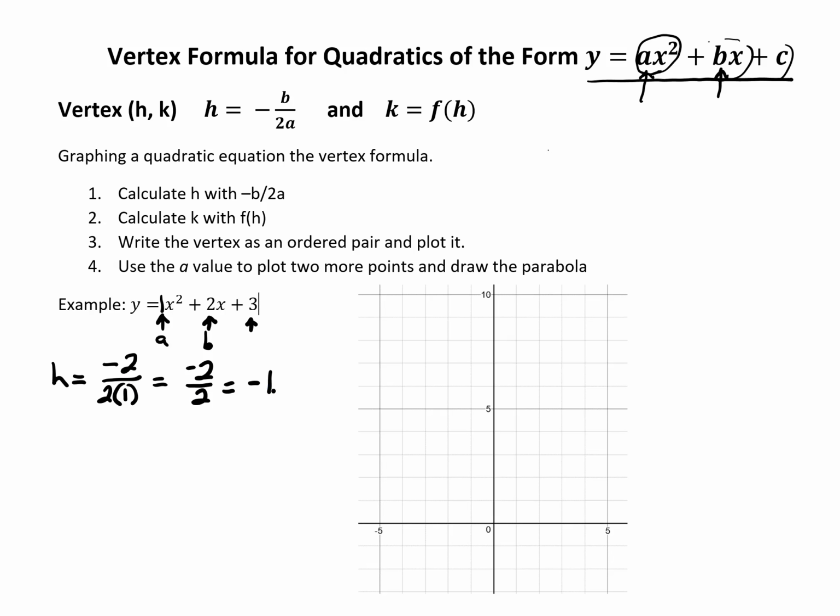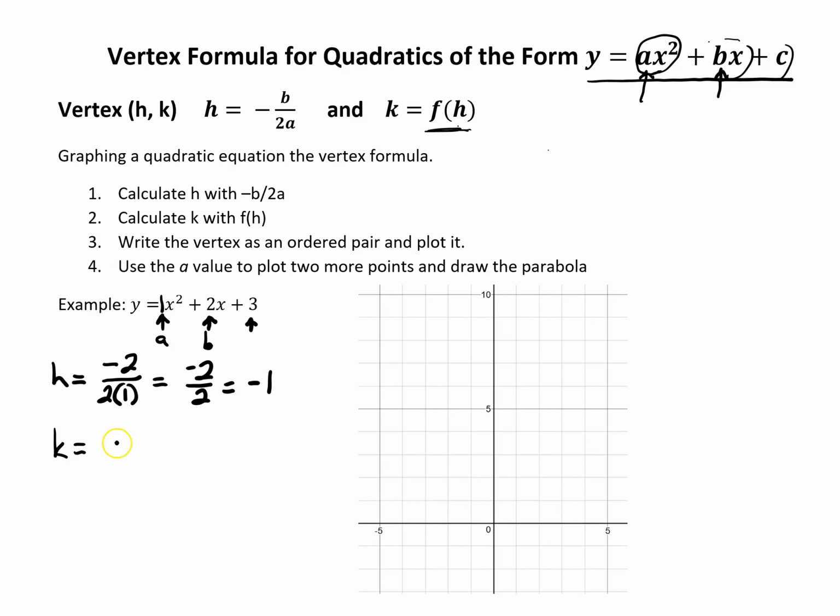Now we need to find the k value, or the y part of the vertex, and the k value is found with f of h. So this means take that value of h that we just found and plug it into the function, or into the equation. Okay, so I'm going to take that value of negative 1 and substitute it in wherever there is an x.